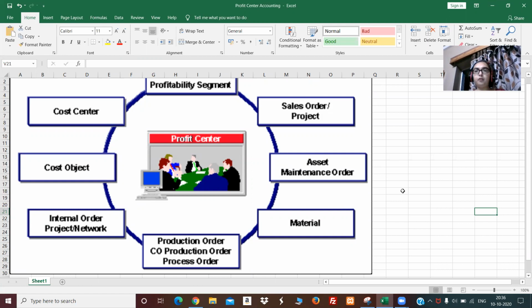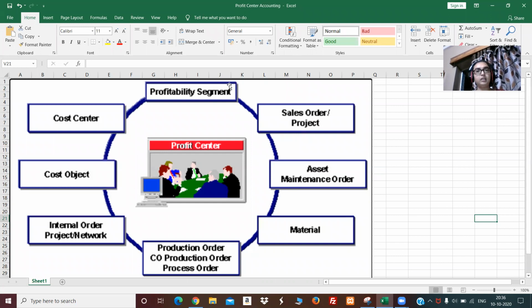The objective of cost center is to determine the costs incurred in particular sections, and the objective of profit center is to determine the profit belonging to a particular segment. So profit center master is basically assigned with many other masters like profitability segment, sales order, asset, material, production order, internal order, cost object, meaning cost centers, internal orders, and so on.